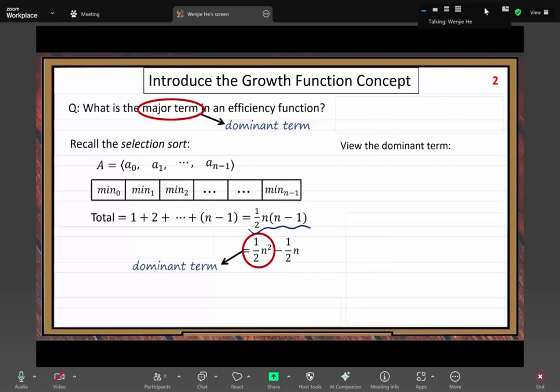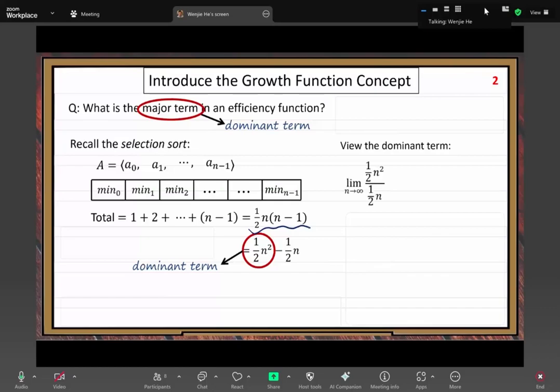But if you want to ask me why you call it a dominant term, why the first term dominates the second term, here we need to use a reasonable calculation to see how dominant it is.